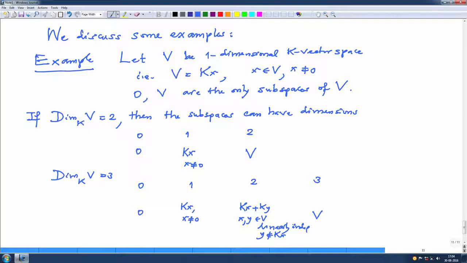Also, the usual language which I will use later: if it is a 1 dimensional subspace, one usually calls it a line. 2 dimensional subspaces are called planes, and so on. 3 dimensional subspaces will be called threefolds, and so on.